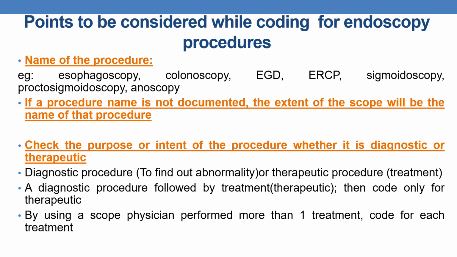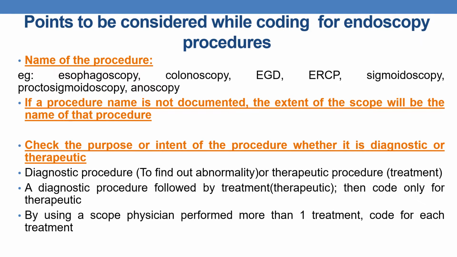For example, esophagoscopy, colonoscopy, EGD, ERCP, sigmoidoscopy, proctosigmoidoscopy, anoscopy, etc. Whenever the procedure name is not documented, the extent of the scope, that is until which site the scope has been administered, will be the governing factor in deciding the name of the procedure.